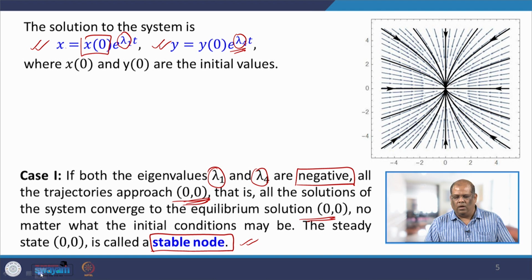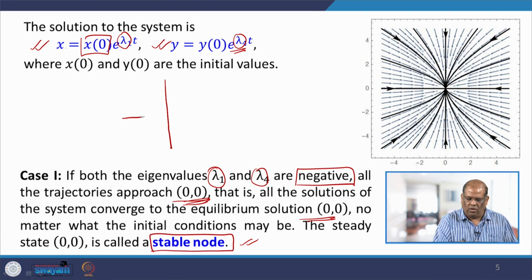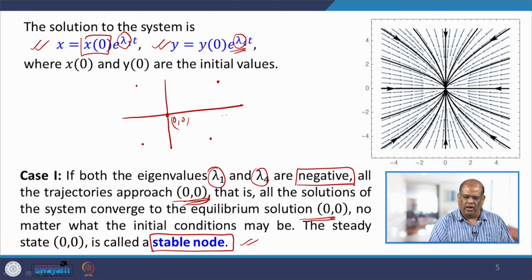When you draw this diagram, you take one point here, one point here, one point here, one point here, and all of them will converge to this particular point (0, 0).